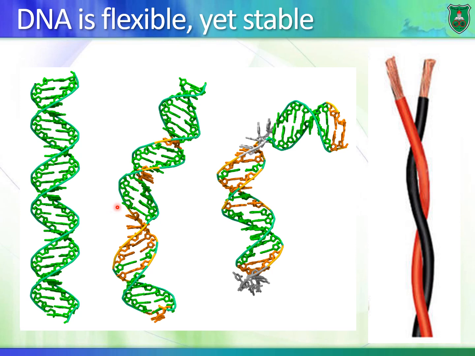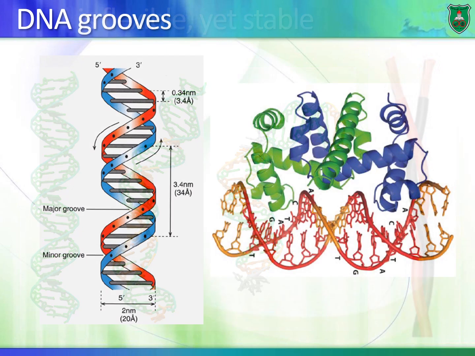Otherwise DNA is really stable, but it can be bent. This is an important feature of DNA in terms of how it interacts with proteins, how it wraps around histones, and how it is packed in our nuclei.